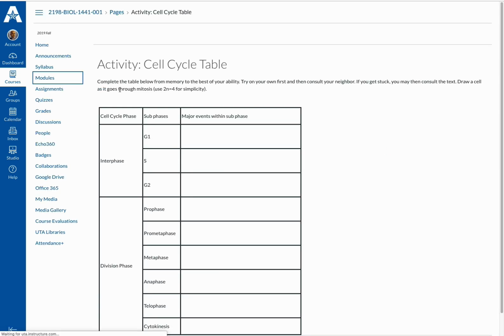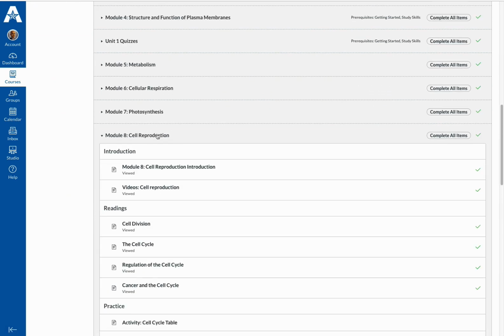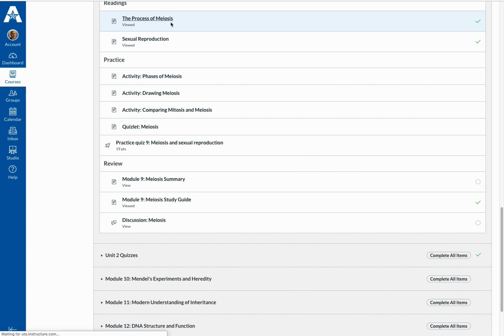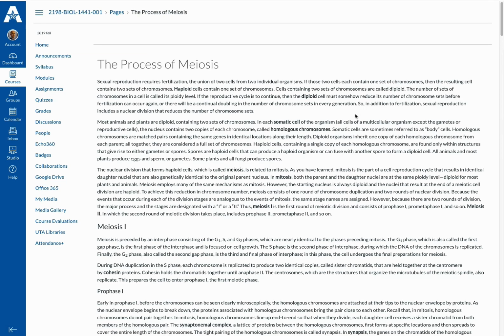Okay, last one. Let us talk about meiosis. Meiosis is the process by which we produce these haploid gametes, the sex cells, and we essentially first have to start with a diploid cell, and that diploid cell will divide once, and at that point it has two daughter cells, both of which are haploid.